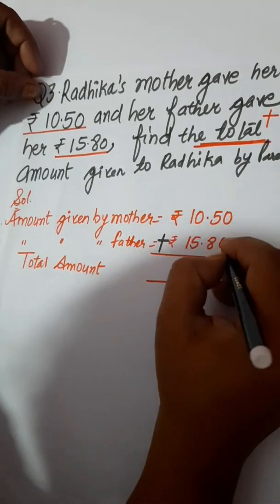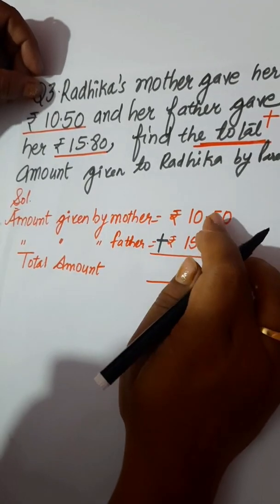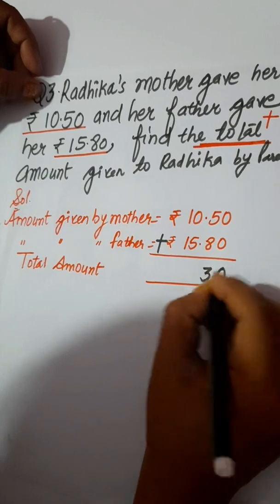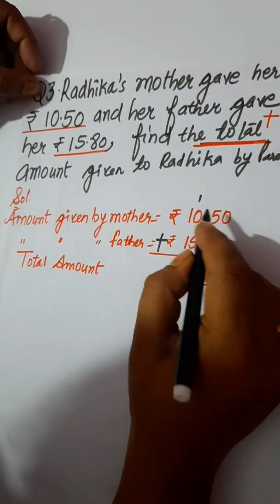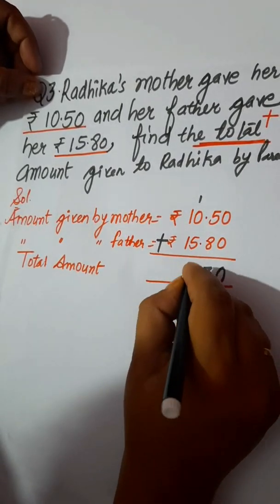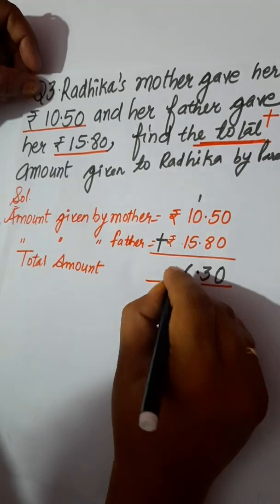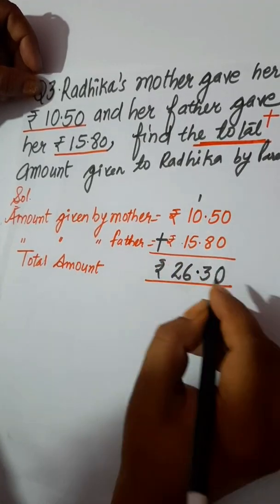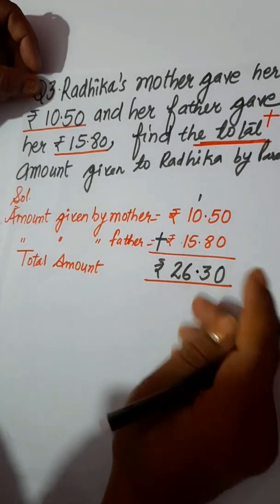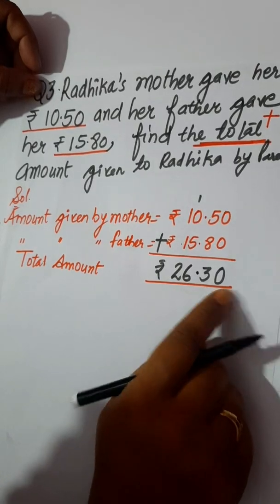So here we have 0 plus 0, 0, 5 plus 8, 13, 1 carry, put decimal, 1 plus 0 plus 5, that is 6, 1 plus 1, that is 2. So the total amount given to Radhika by the parents is 26 rupees 30 paise.